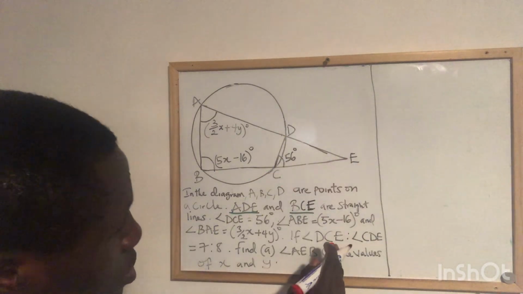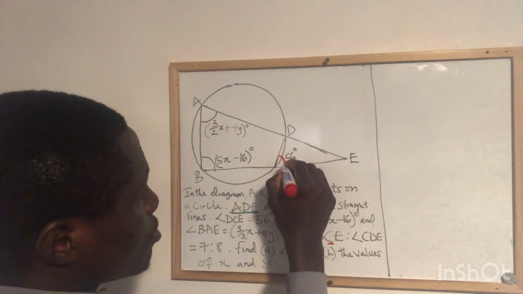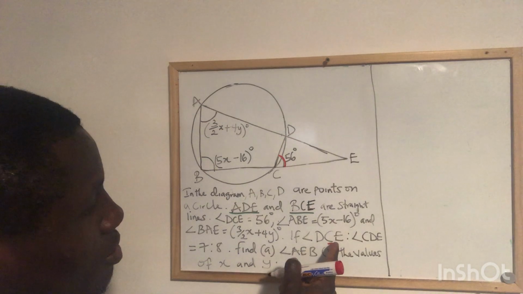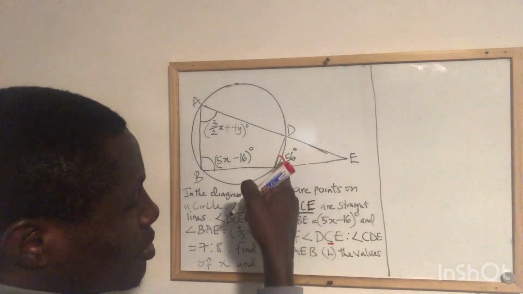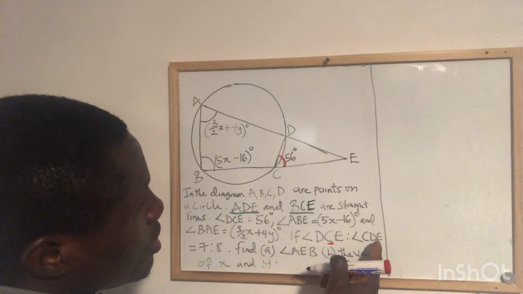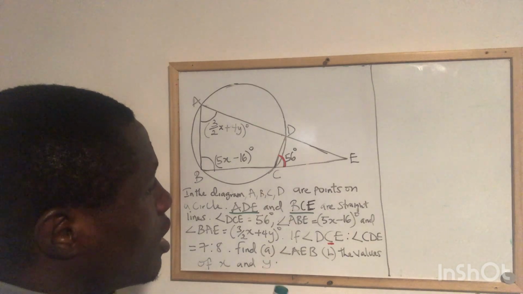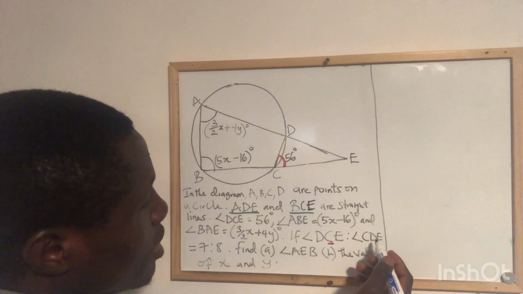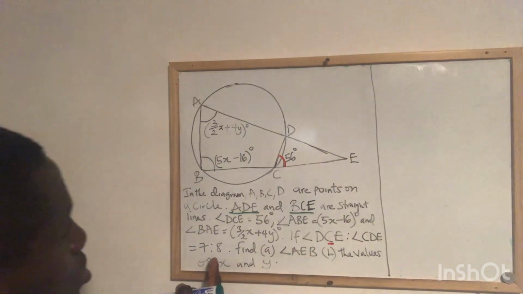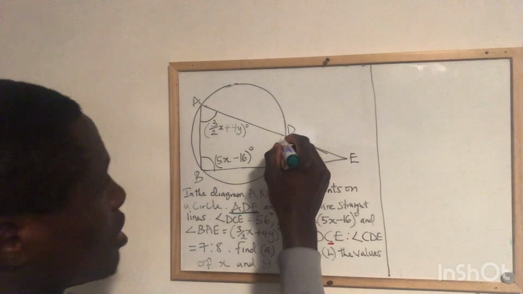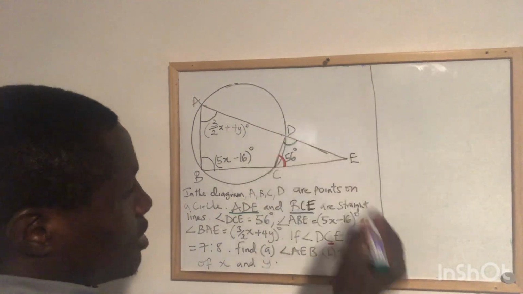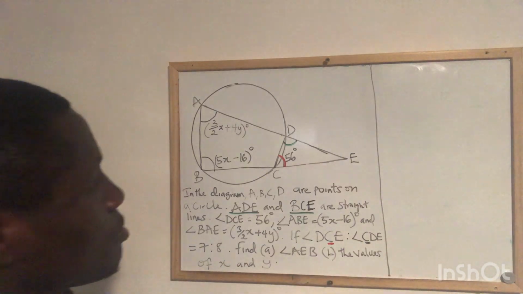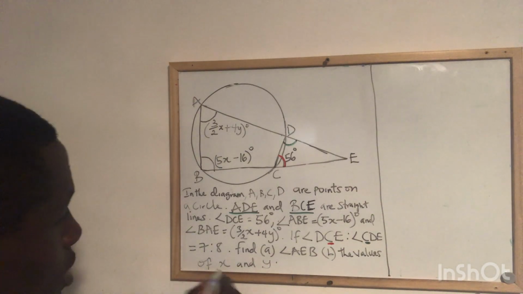Now, I will use a red marker to mark out the angle at C. The ratio of angle DCE to angle CDE is 7 to 8. So it's very, very crucial you know that the ratio of this to this is 7 to 8.